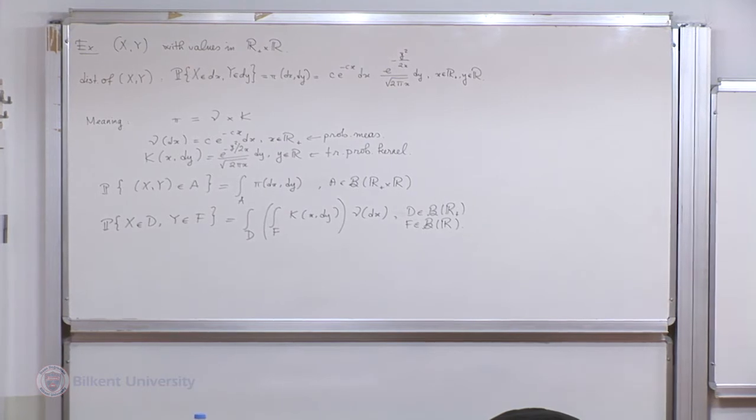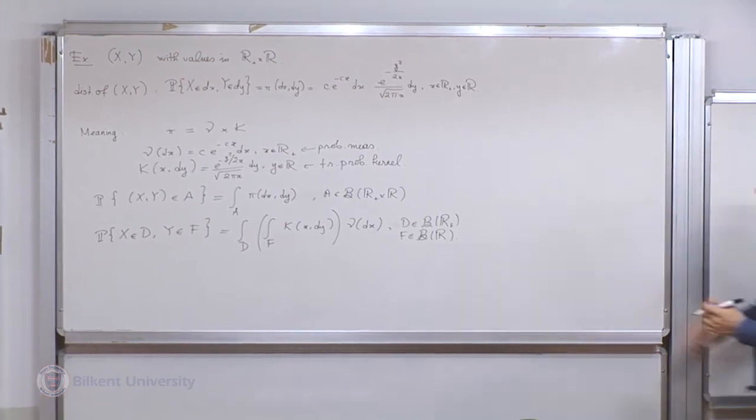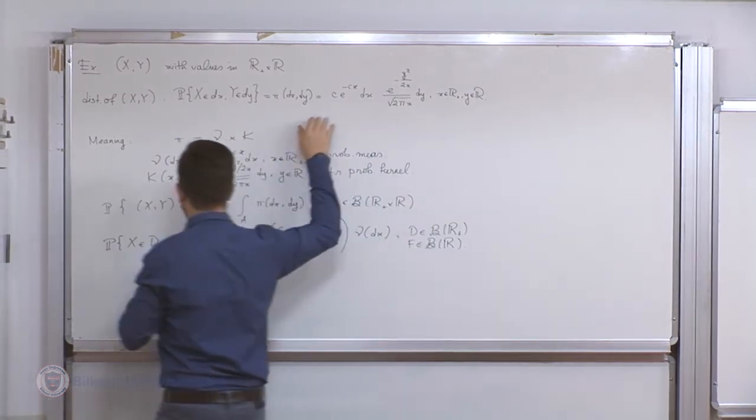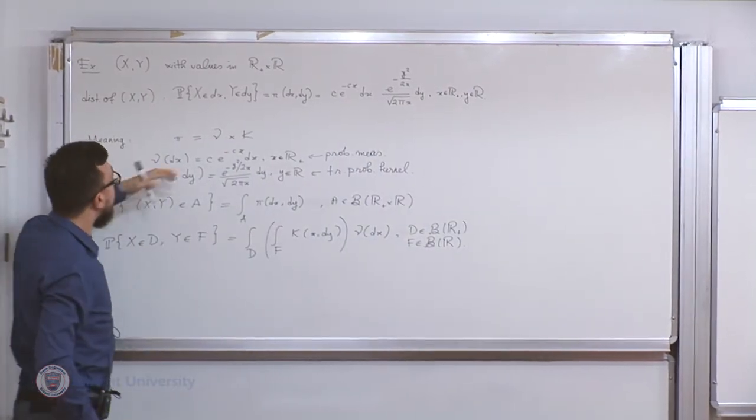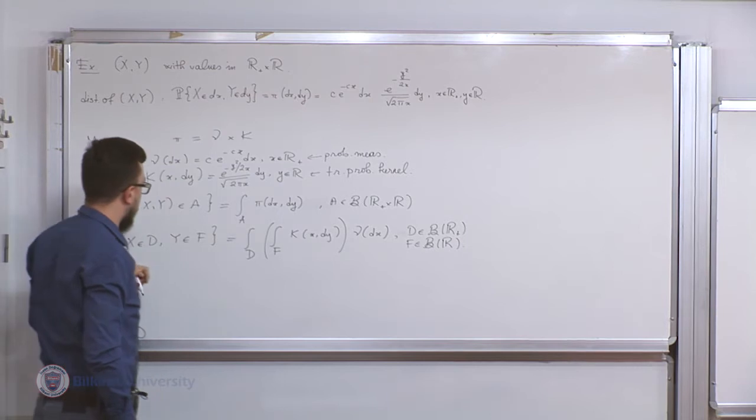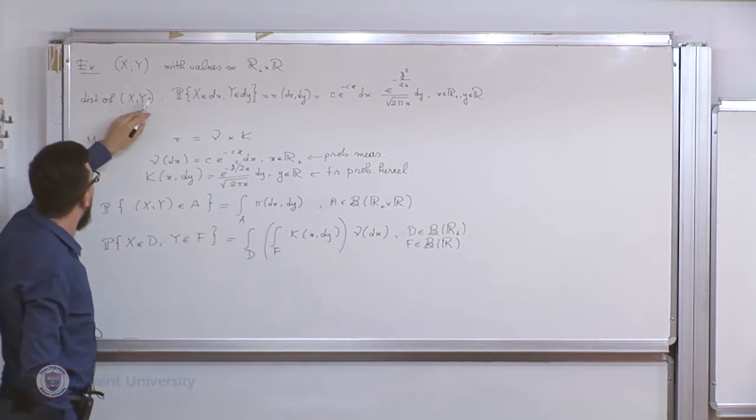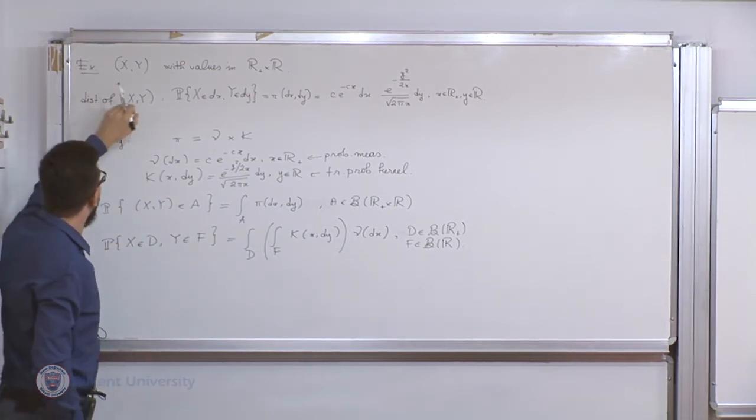So all I did is to rewrite what we are given, right? This is the meaning of what we are given here. It's the joint distribution of X and Y, or simply the distribution of the vector (X, Y).